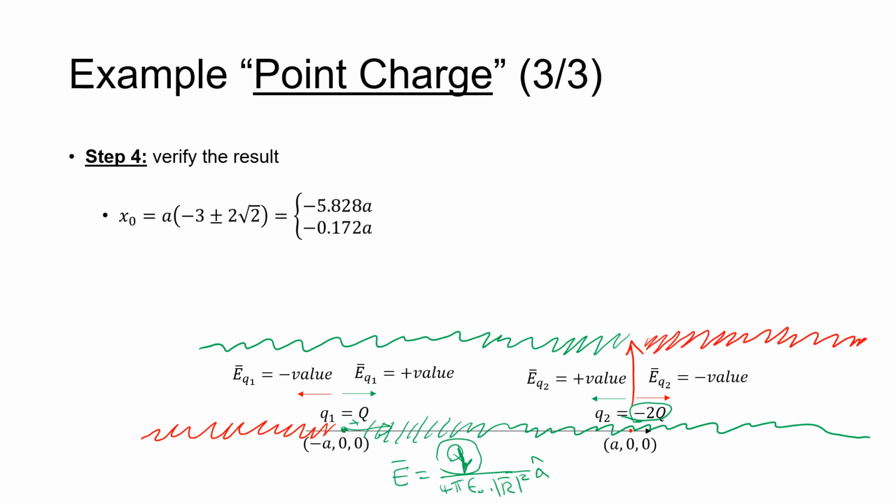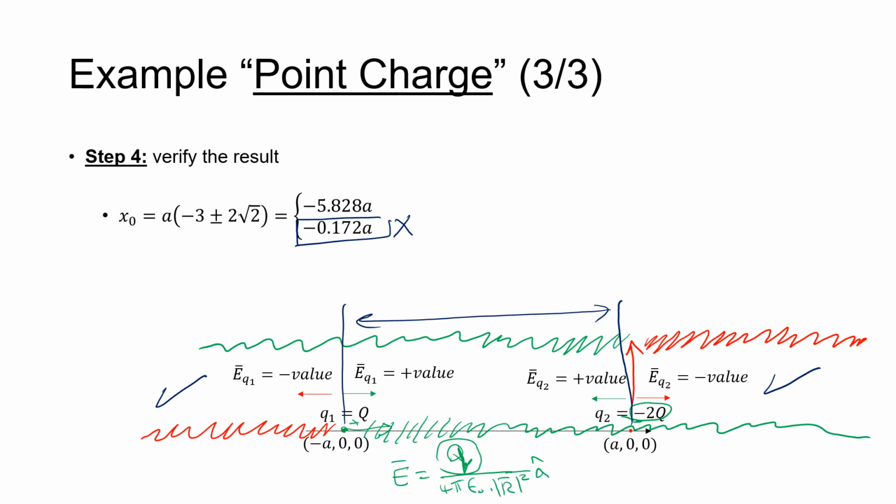What we can understand is that in the region between minus a and a, both of them are positive, so it is impossible for them to cancel. So this means that this value cannot be true. But either here or here, it can be valid because one is positive and one is negative.